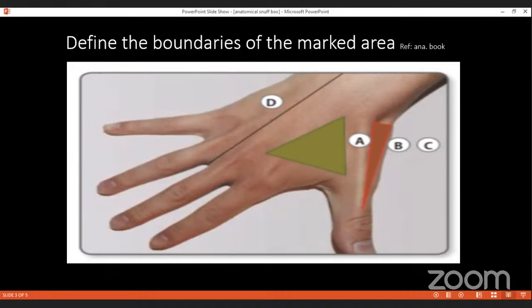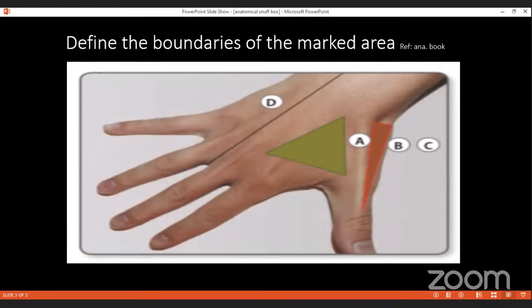Yes. Okay. Can you please tell me which peripheral nerve is responsible for the sensation within the green shaded area on the back of the hand? So now I'm asking you to move on to this green shaded area. What is the nerve supply? This green area represents the innervation of the radial nerve.